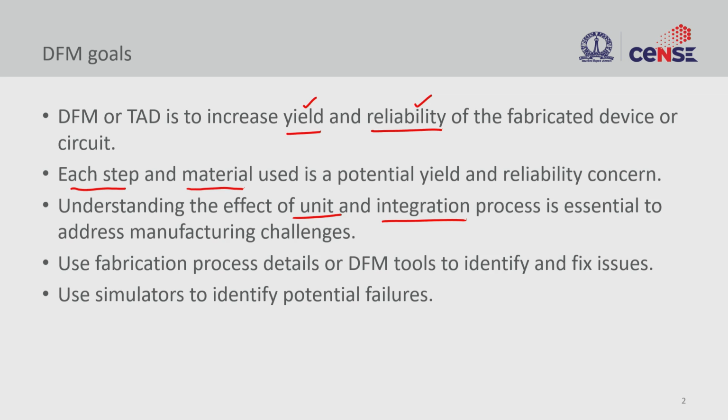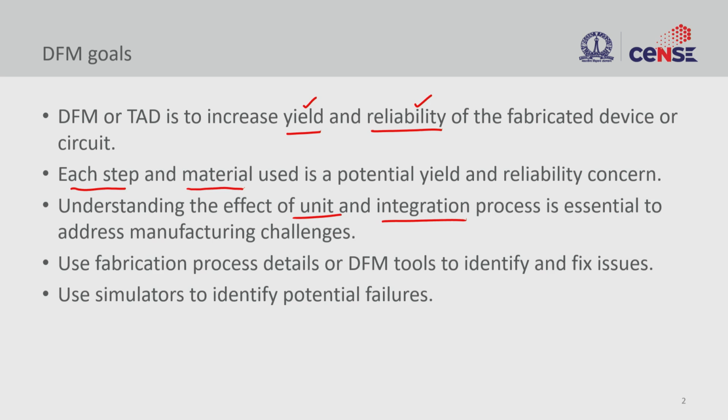Or if the integration process fails between two different steps, we should be able to understand the reliability and yield implications of that, so that we could design our circuits to accommodate such deviation from the optimal process.